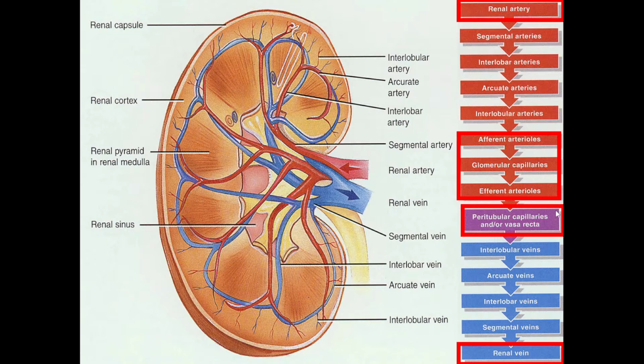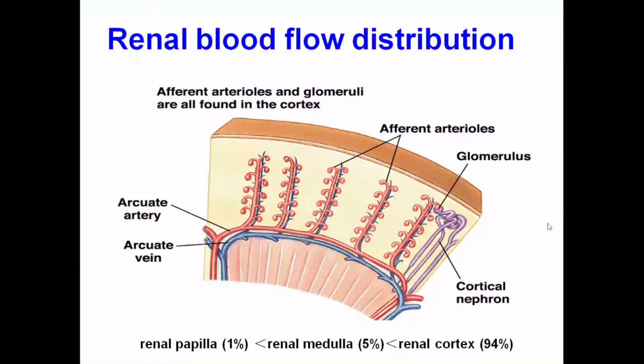Here you can see the primary capillary network, which is made up of the afferent arteriole, which then empties into the glomerular capillaries and then into the efferent arterioles. After that, you will have the secondary capillary network, which is the peritubular capillaries and the vasa recta. So here you can see why blood flow in the kidney is maldistributed, and why most of the blood goes to the cortex.